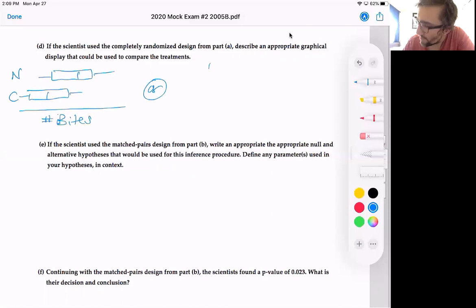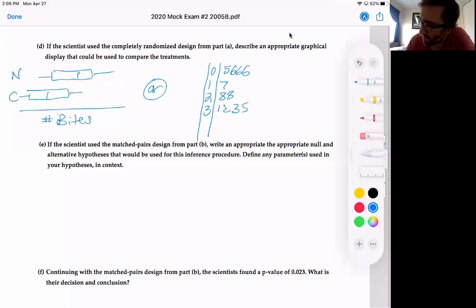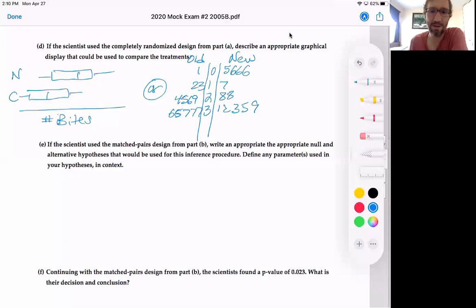Or maybe you'd have a stem plot. I don't know what the numbers would necessarily be. So this would be the new, this would be the old or the current stuff. Something like that. To compare them, you'd obviously want to have a key.